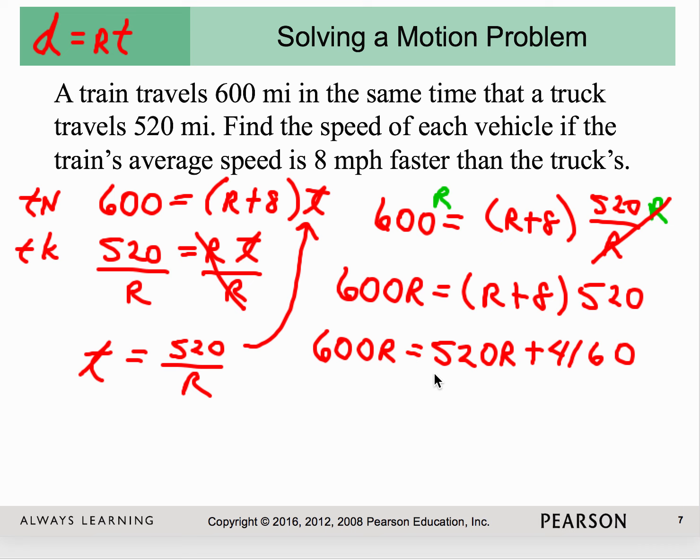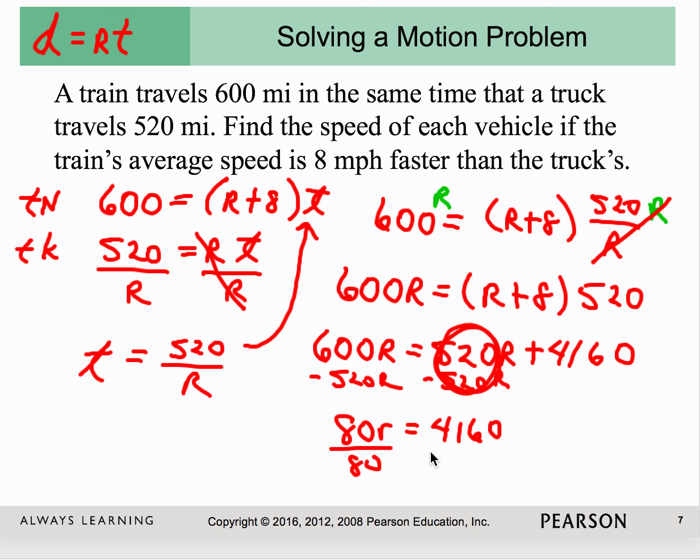All right, put all your r's on the same side. Because it's a linear equation now, I'm just solving for that r. So 80r equals 4,160. So r is 52.